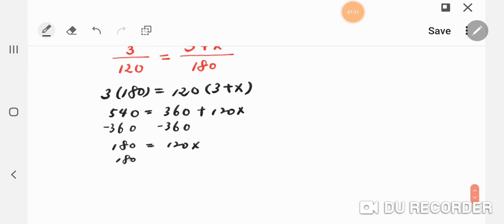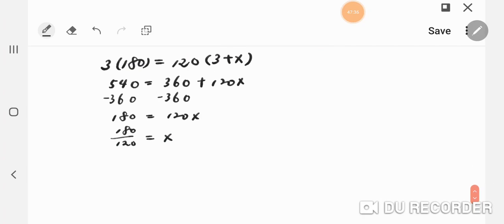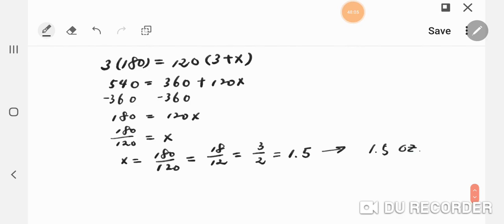Then 180 over 120 is equal to X. So from this, X equals 180 over 120. Then reduce this. Then 18 over 12, divide each side by 6. Then 3 over 2, which is 1.5. So this shows the additional amount is 1.5 ounces.